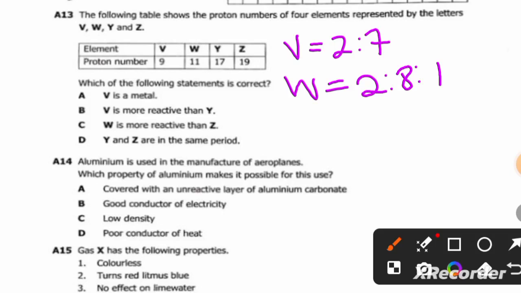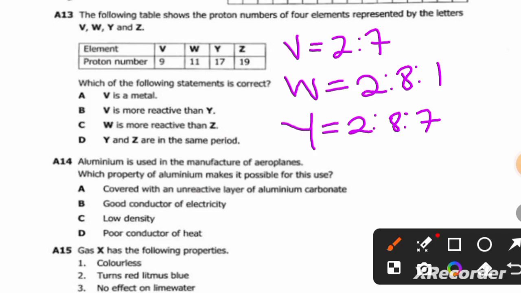Let us also consider Y. The first 2 electrons in the first shell, the second 8 electrons in the second shell, the last 7 electrons in the last shell.